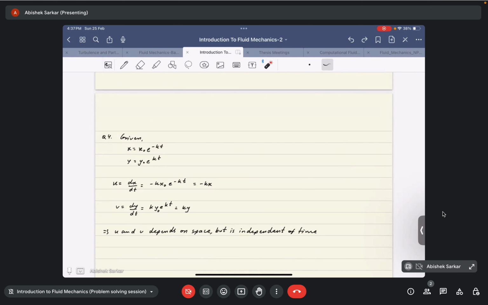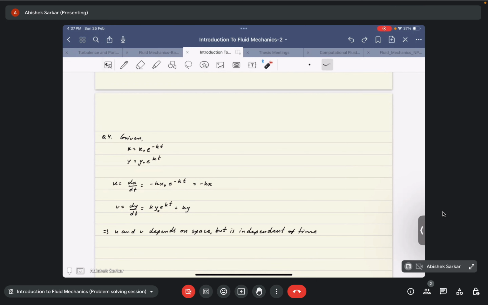So we get that u is equal to dx by dt, which is equal to minus k x naught e to the minus kt. And here we see that x naught e to the minus kt is itself equal to x. So u is equal to minus kx and v is equal to dy by dt, which is k y naught e to the kt. But here again y naught e to the kt is equal to y itself. So v is equal to ky.